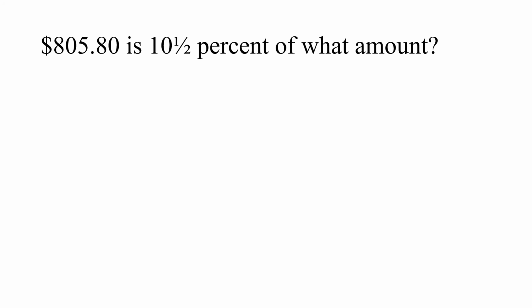Okay, on this question, it says $805.80 is 10.5% of what amount? So what amount? And we have a percent here. So we've got to convert this to a decimal. It is a percent, so we can assume that our decimal place is right here. So we have 0.105.